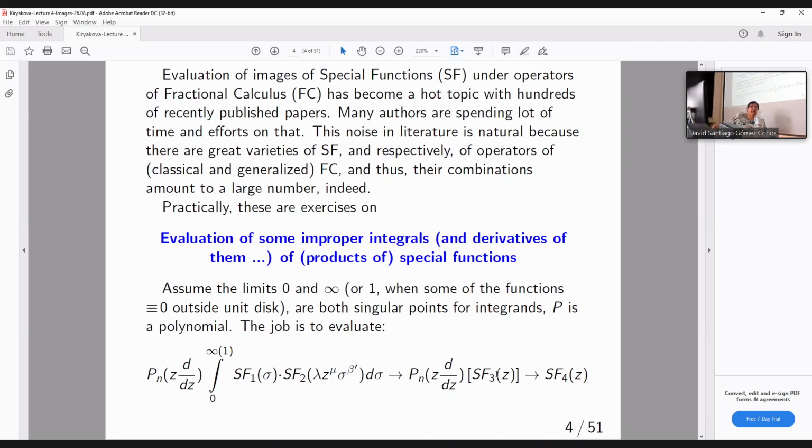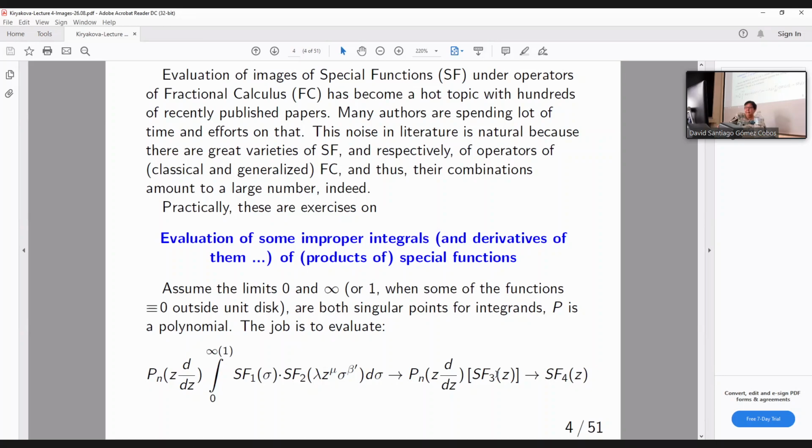It can be easily done in just a few lines to know what the image is. Practically, evaluating images of fractional calculus integrals or derivatives amounts to evaluating some improper integrals, because the functions inside have singularities in the limits of integration.